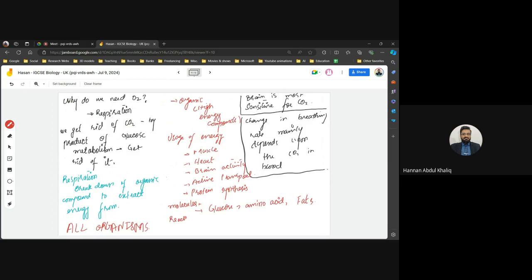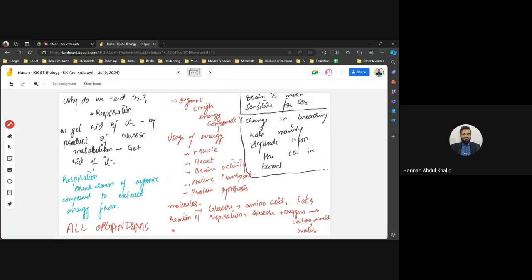Reaction of respiration: glucose plus oxygen. The result would be carbon dioxide and water.